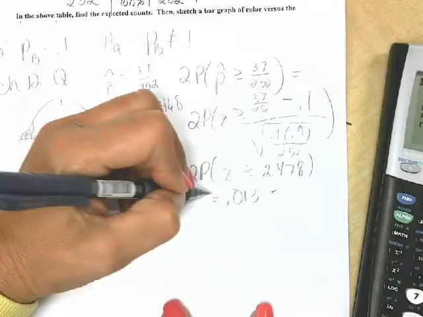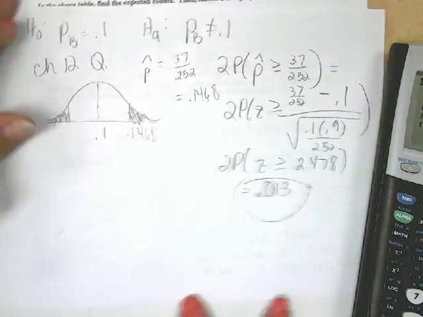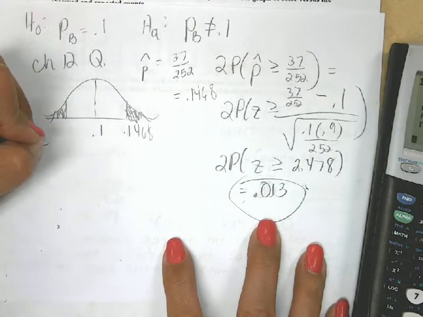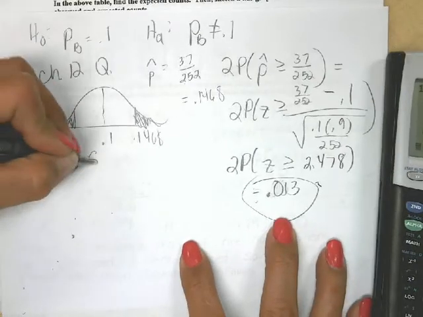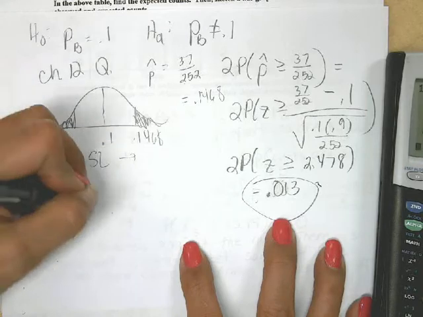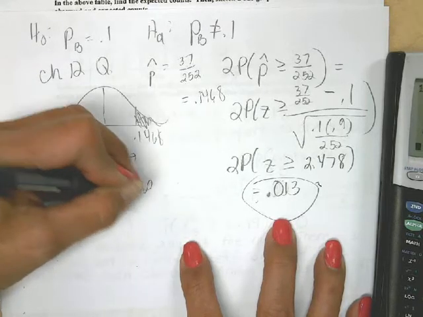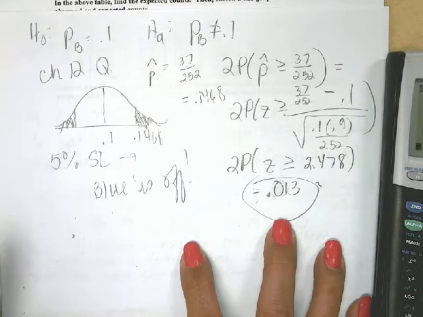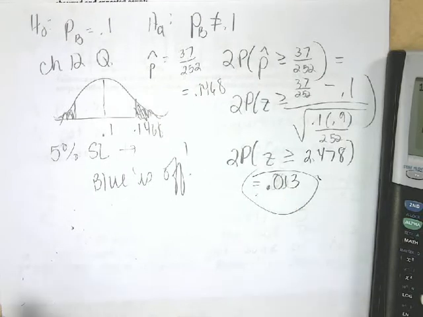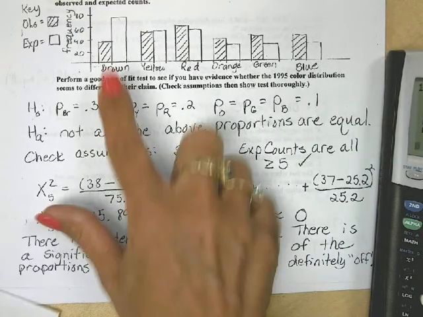And there's my p-value. So if I was using a 5% significance level, I would have evidence against the null, and I would say blue is off. On the other hand, if I was using a 1% significance level, I would not say that. Okay, so it does appear that brown is off, blue is off.